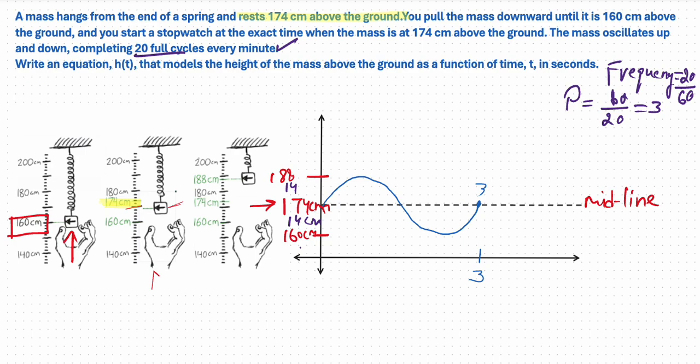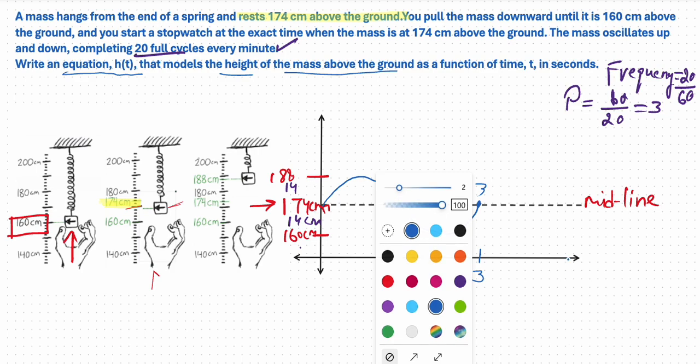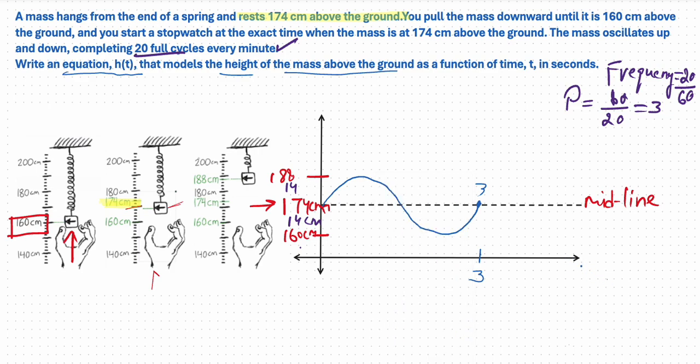Now, since we have to write the equation h(t) that models the height of the mass above the ground, let's try to draw the graph of this function. The first thing you will do in this graph is label the x and y axes. On the x-axis we have time t, and on the y-axis we have height h, which is a function of time t. And we drew the graph.